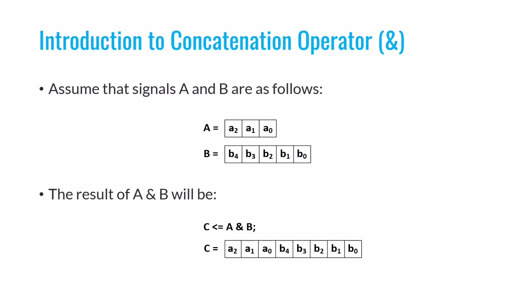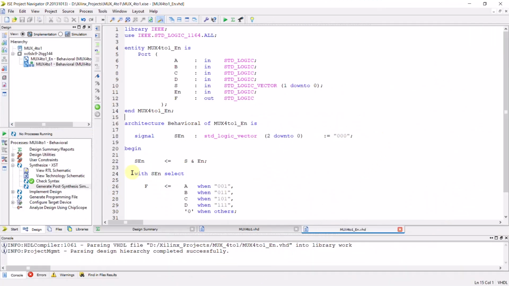In other words, signals A and B are concatenated into signal C. When using this concatenation, you must ensure that the width of the signal on the left side of the assignment, in this case C, matches the total width of the signals being combined on the right. So if A is 3 bits wide and B is 5 bits, C needs to be 8 bits wide. By using the concatenation operator, you can combine multiple signals and assign them to a new signal.